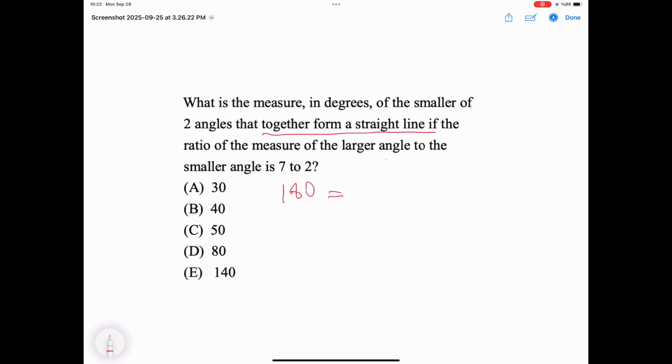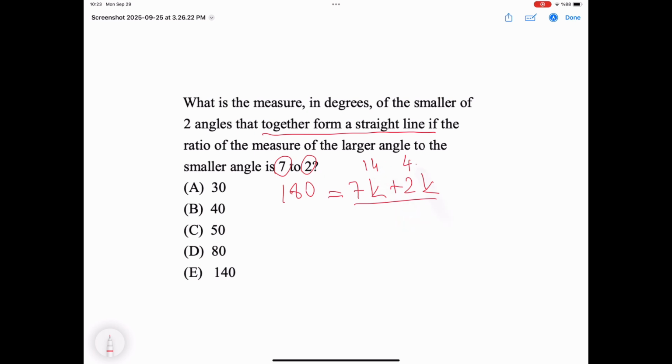We have two angles and their ratio is 7 to 2. So if one of them is 7k, the other one should be 2k, right? So in total, let's sum them up. This could be like 14 to 4.